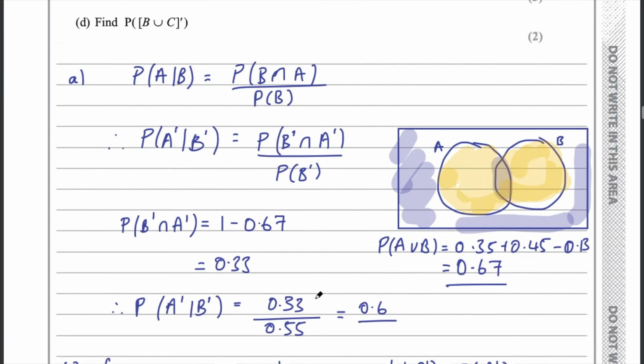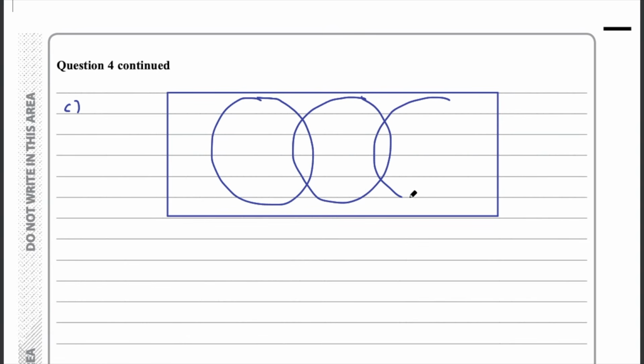Alright, so let's get started on our Venn diagram. Okay, so here's A. Now C is mutually exclusive, so that's going to be the one on the end. B will intersect with A, and then C will intersect with B. So A fairly intuitively, B and C in a row like that.